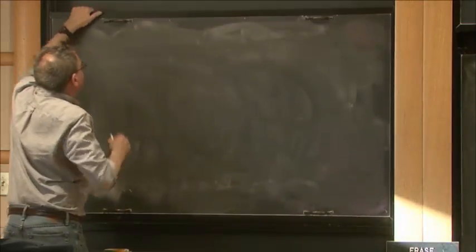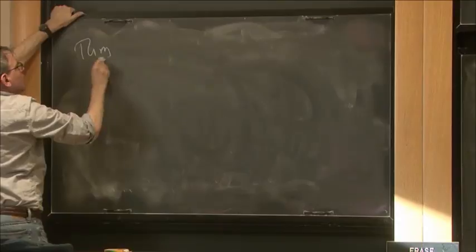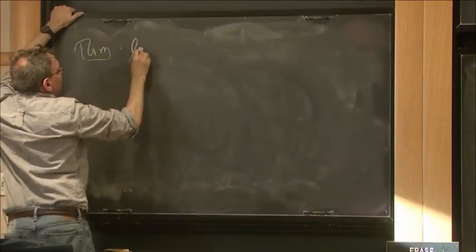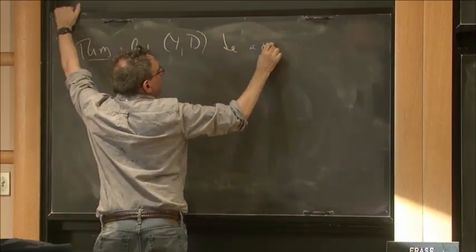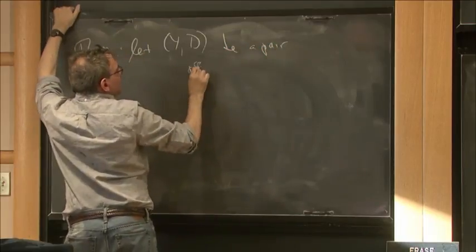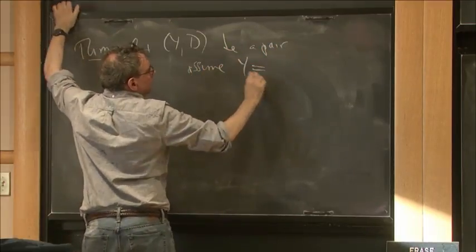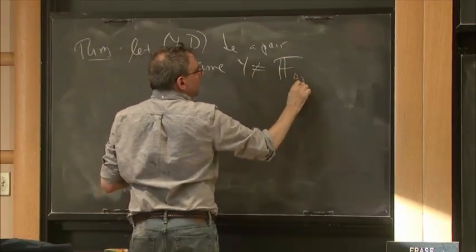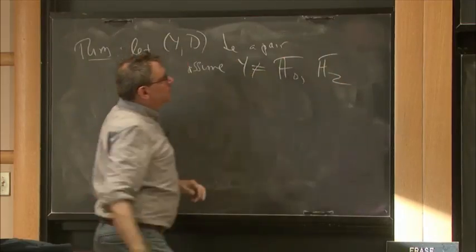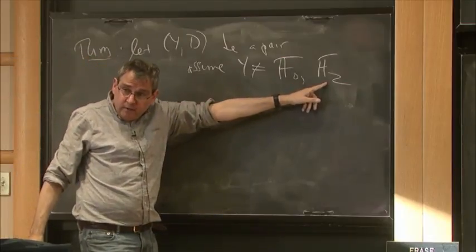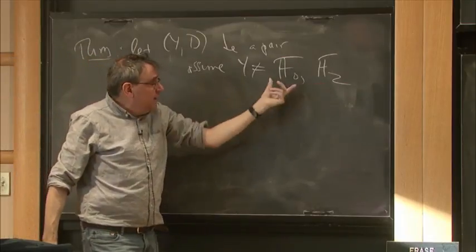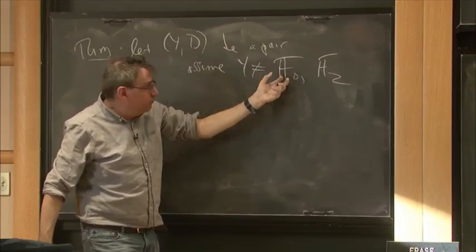But anyway, one does have the following theorem. Let Y be a pair, and let's assume that we're not in the trivial case where Y is F0 or F2, where you obviously have a root, namely the negative section, and if you look at the difference of the two rulings, you'll also get a root.